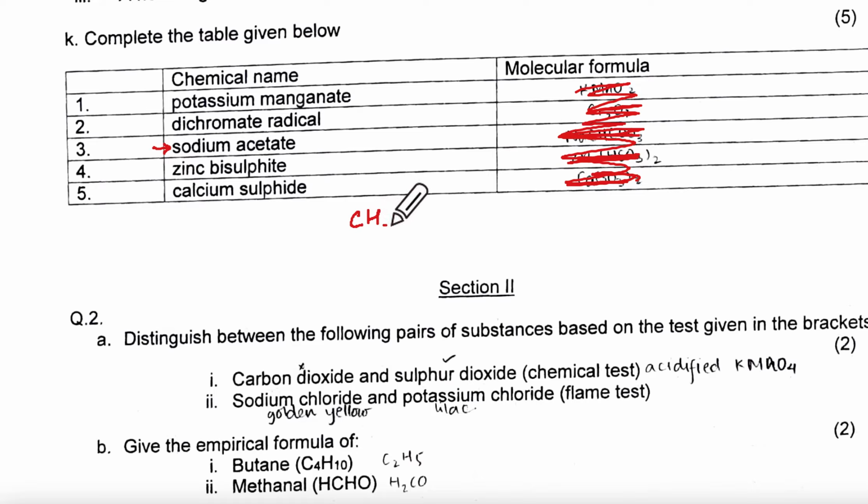Have they mentioned anywhere CH3COOH is acetic acid in the book? If you don't remember, remember Chatriku. See here, Chatriku. Acetic acid, Chatriku. Okay? Now this H will be replaced by sodium. So it will become Chatrikuna. See the Kuna? Like Puna.